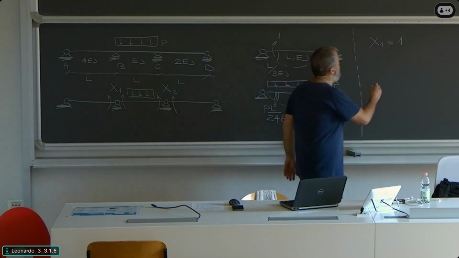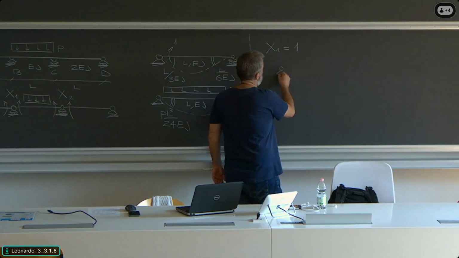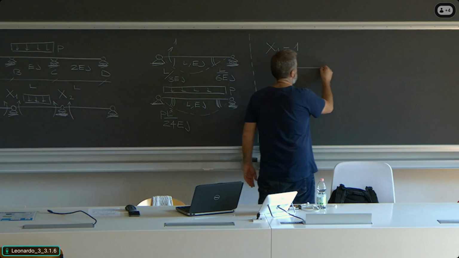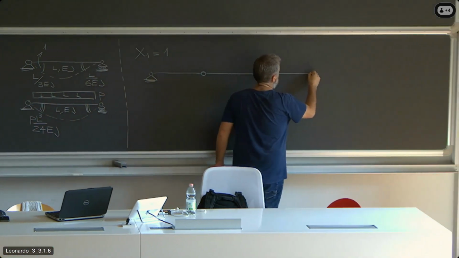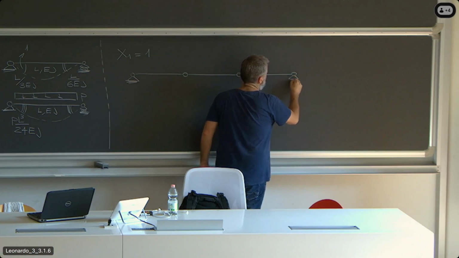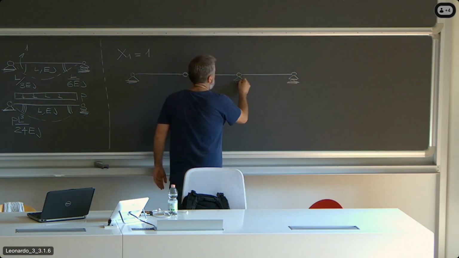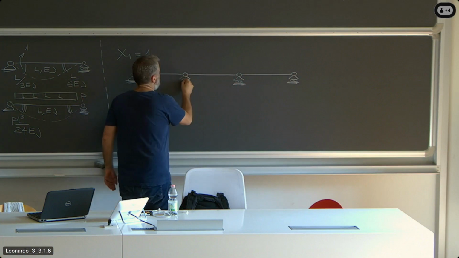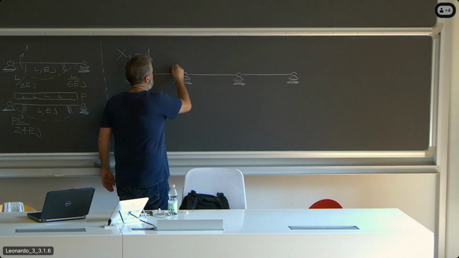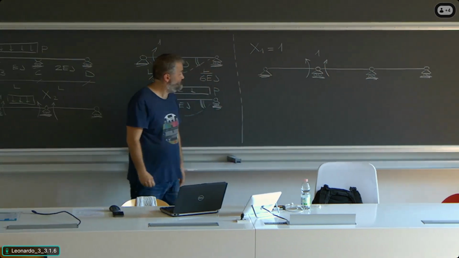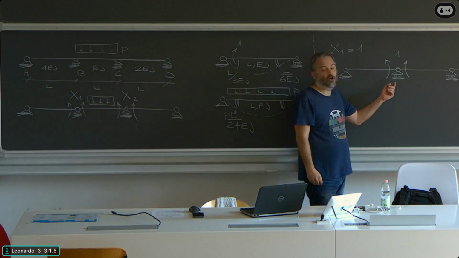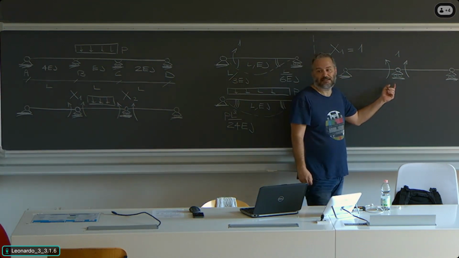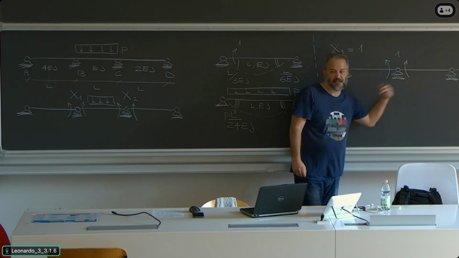So what happens when x1 is applied? Here you have a unit moment. Basically, its effects will be visible only on the spans which are directly loaded, so the first and the second span.